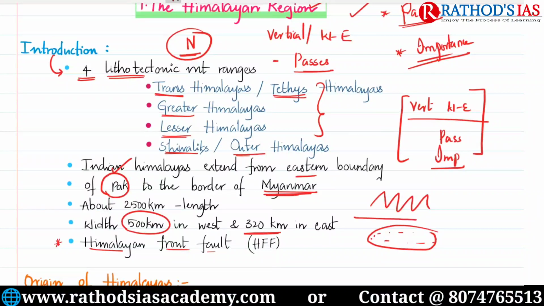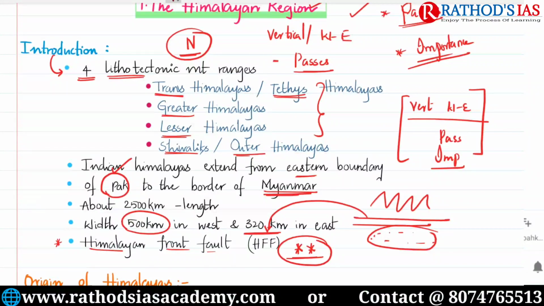Between the Indo-Gangetic plains and the Himalayas, we have the Himalayan Front Fault. So you may get a question like, which of the following divides the Himalayas from the Indo-Gangetic plain? That is nothing but the Himalayan Front Fault, which mainly divides the Himalayas from the Indo-Gangetic plains.